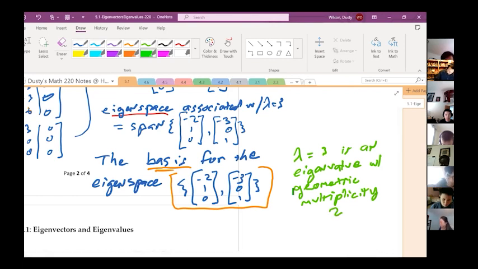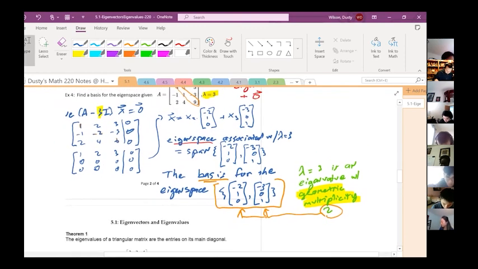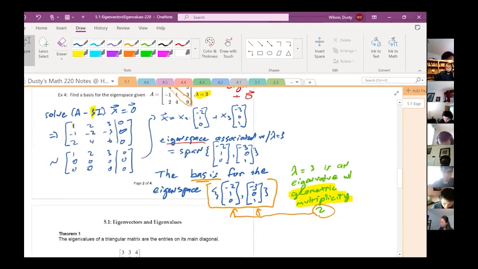So the new term here is geometric multiplicity, and the 2 is because there are 2 linearly independent eigenvectors. Questions?